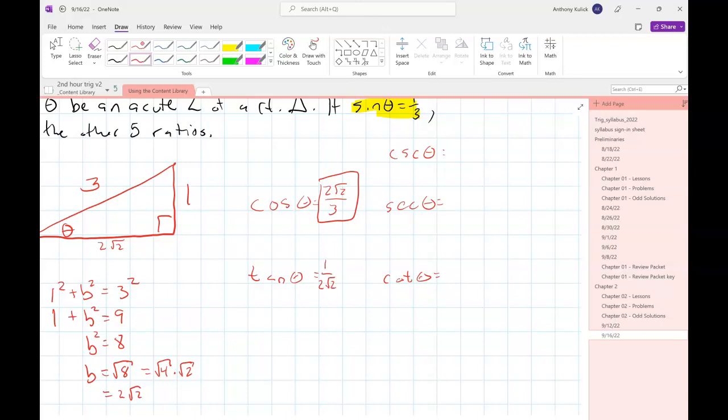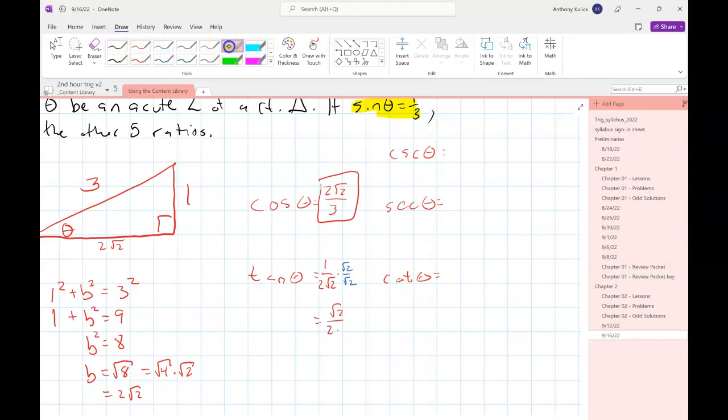Okay. Do I like the way that looks? What do I need to do to it? I'm just going to multiply by root 2 over root 2. I don't need to do the 2 root 2 to the top and bottom and leave myself enough space here.